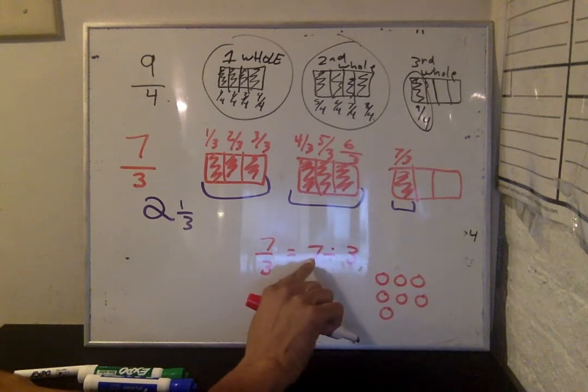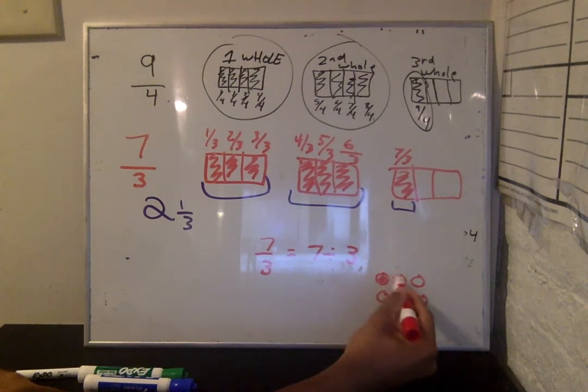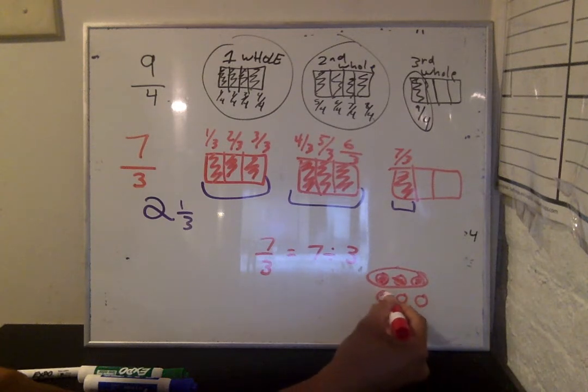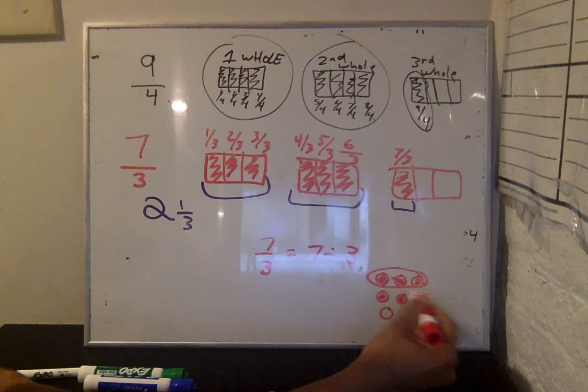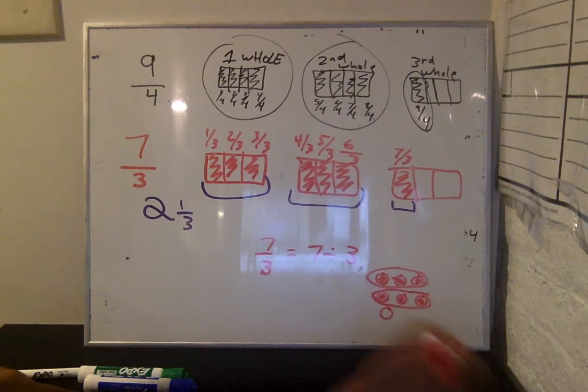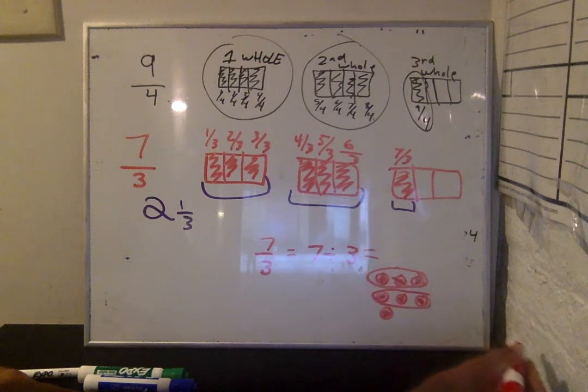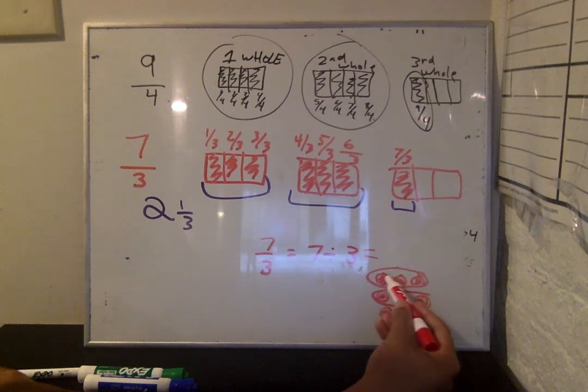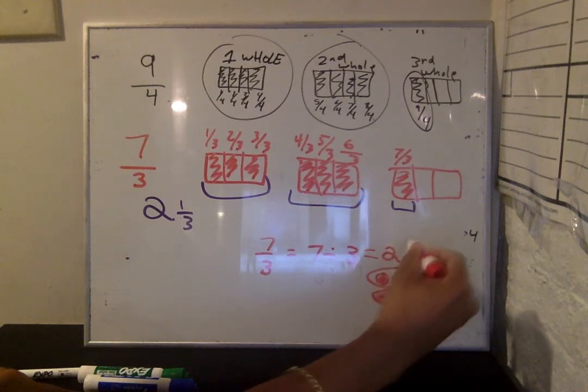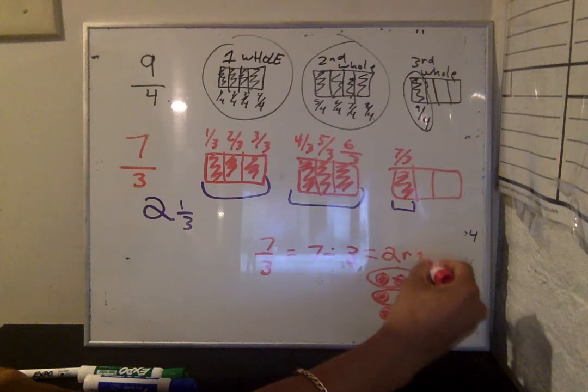So I have 7 total. Let me shade those in. This is one group of 3, 2 groups of 3, and I have a little extra. So 7 divided by 3 is 2 with a remainder of 1.